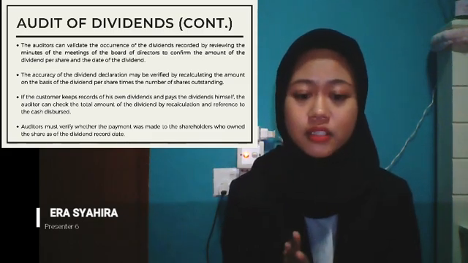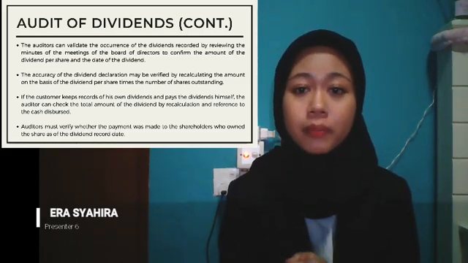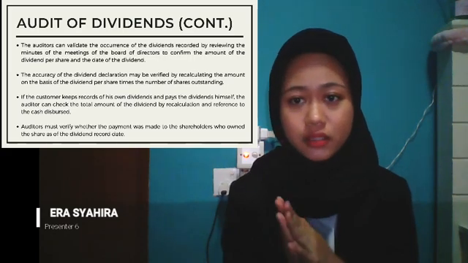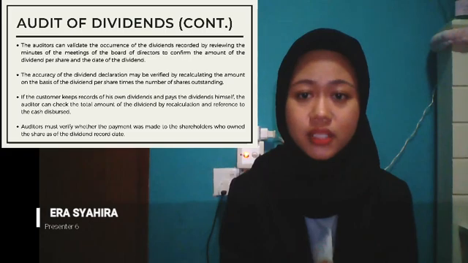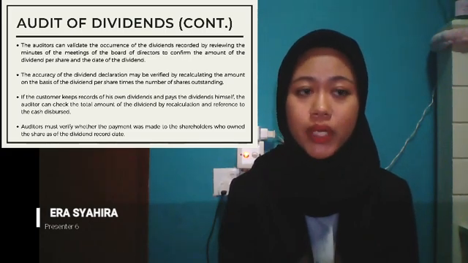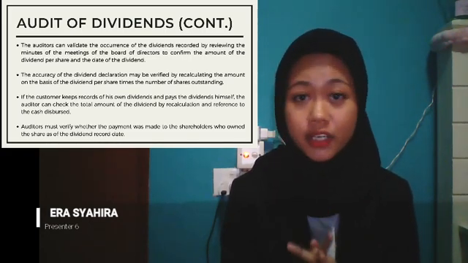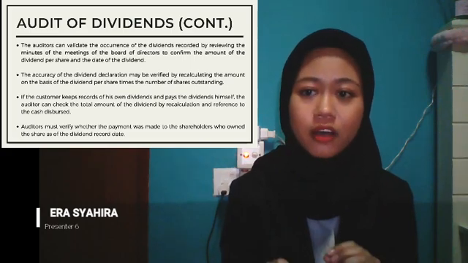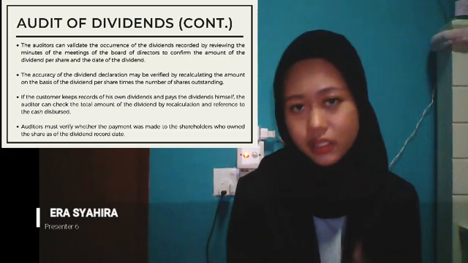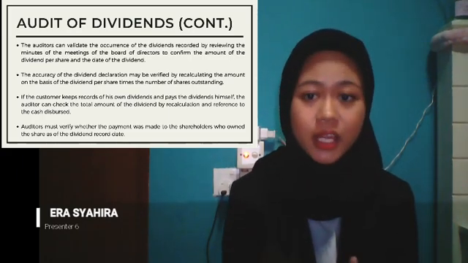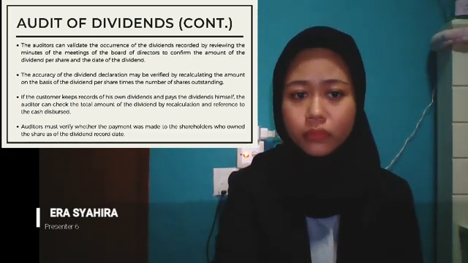Also, because the client has to make payment to this agent before the dividend can be processed, you can check the transaction by reconciling the payment to the total amount you receive by multiplying the dividend declared by the number of shares outstanding.